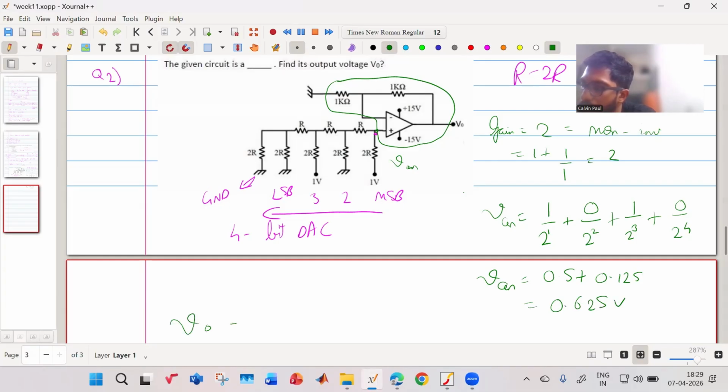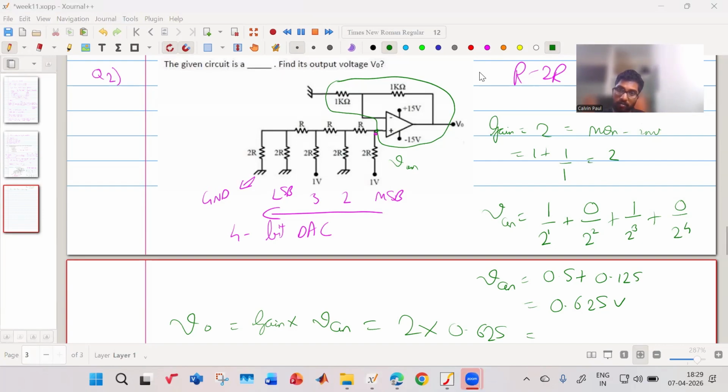And your V output is gain into V analog. What is your gain? 2 into 0.625. So what is that? What is 2 into 0.625? Oh, okay. This is 1.25. Correct. Okay, so it is 1.25 volt.